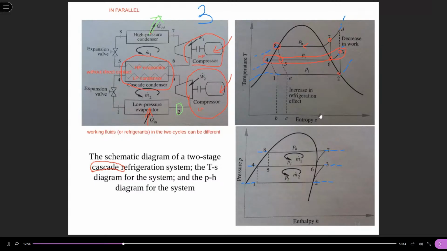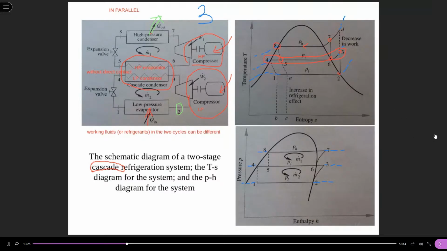Ideally, for this Cascade condenser, there is a heat exchange. We understand the Cascade condenser is a heat exchanger, so we know the relationship. We can apply the energy equation for this open system component, with the fluid in and out.